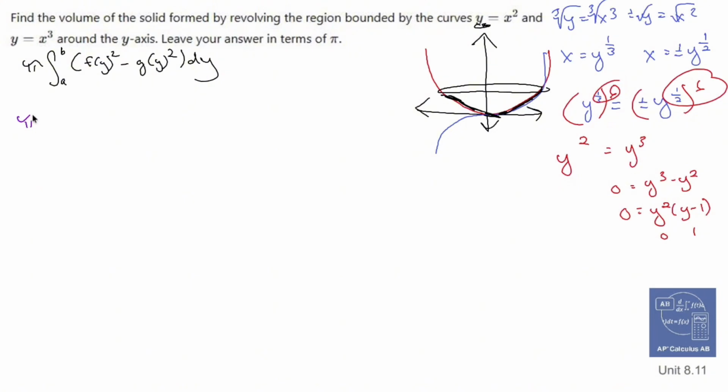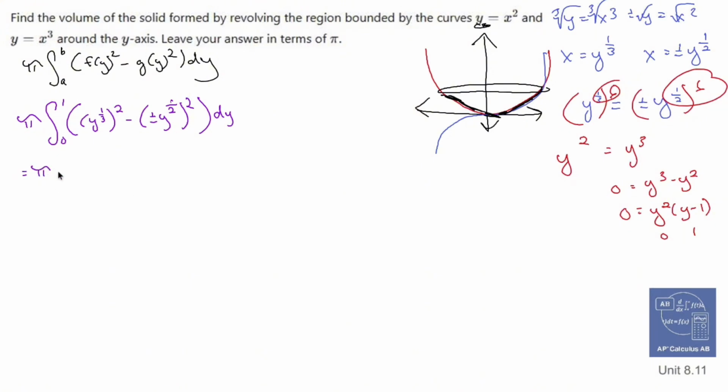So now I can finally set this thing up. Pi times the integral from 0 to 1. I think the outer one would be the cube, so I'm going to do y to the 1/3 squared minus positive or negative y to the 1/2 squared dy.